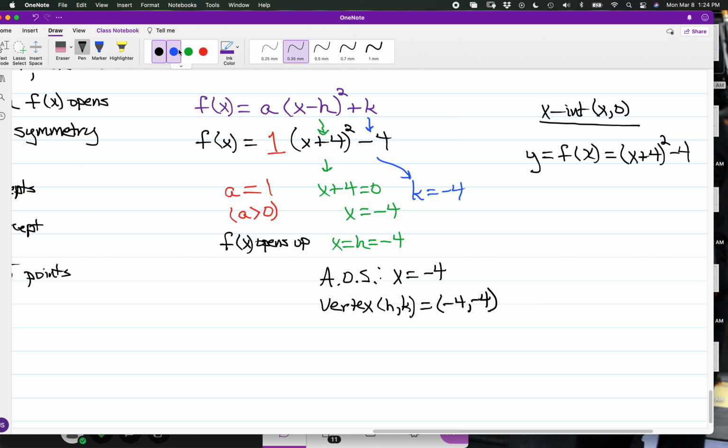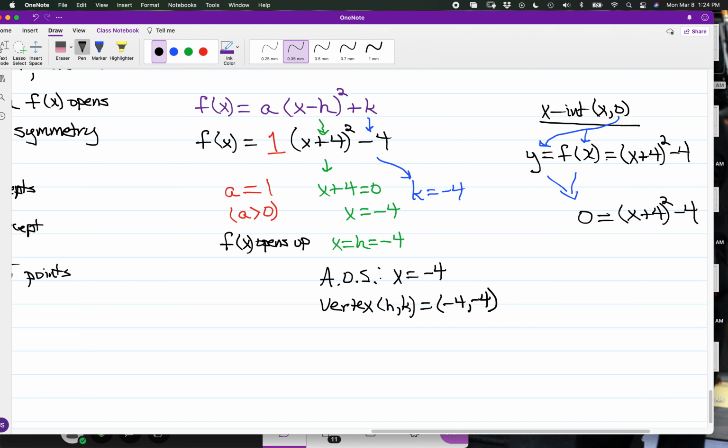Okay. And again, you're looking at setting y to 0 while solving for x. Okay, so in the build-up, we're going to have that 0 is equal to the square root of x plus 4 minus 4.